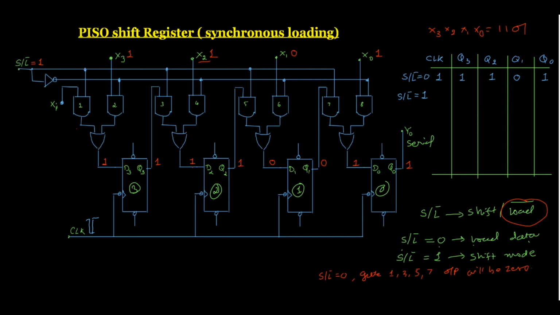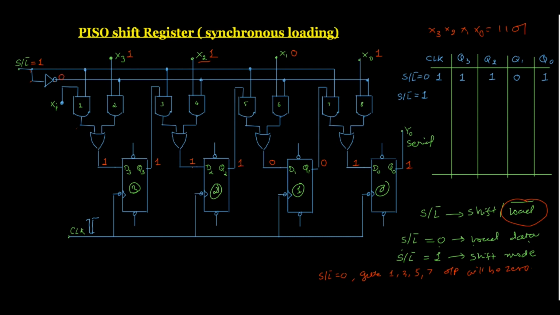Then you can see that here we have connected a NOT gate, and this NOT gate is connected to gate number 2, gate number 4, gate number 6 and gate number 8. So the output of the NOT gate is 0.